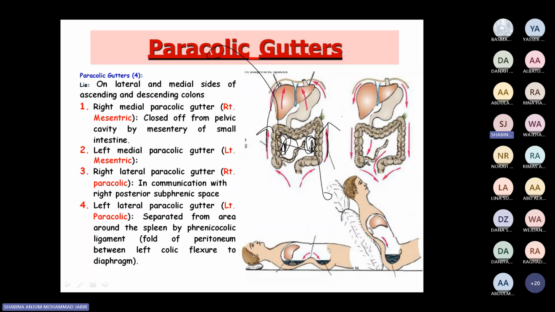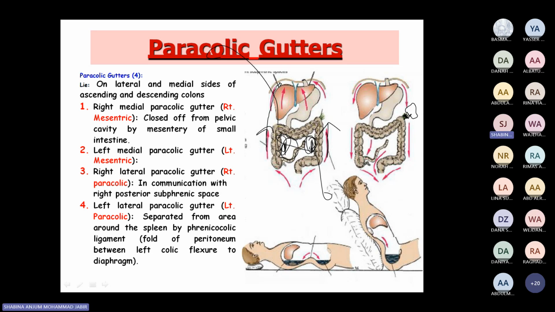You remember just now we saw that there is a phrenicocolic ligament, which is between the colon and the diaphragm. This one is the phrenicocolic ligament. So it is separated from the area where we have the spleen.